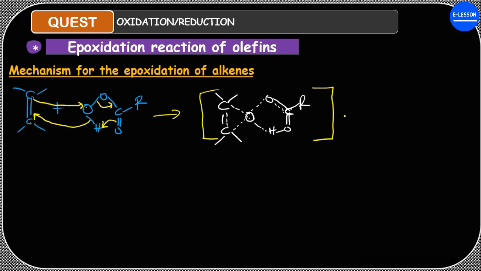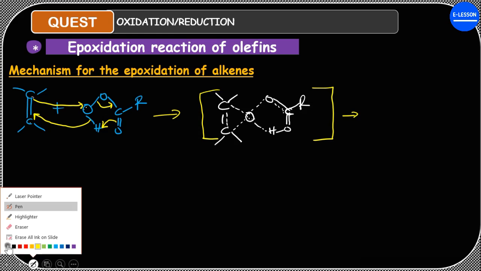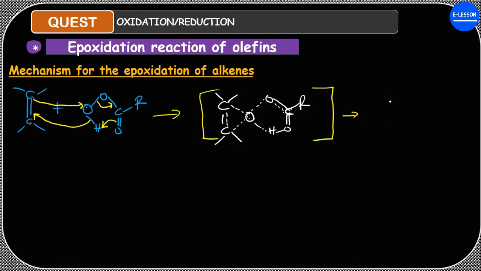So at the end of the day, what do you think will be the product of this reaction? It's very easy. You now form your epoxide, which is something like this: C, hydrogen, then you have C, hydrogen, double bond O, double bond this, plus your acid, which is C, arrow, and then here would be double bond oxygen, and then you have O and H. So this is an alkene.